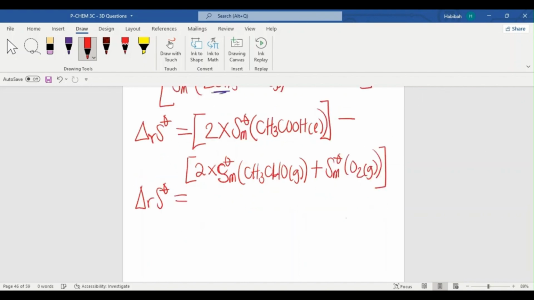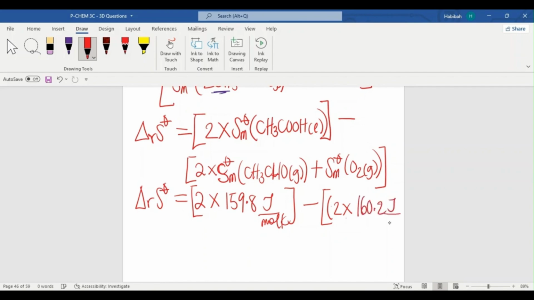The standard entropy of reaction becomes 2 times 159.8 joule per mole Kelvin, minus 2 times the molar entropy of CH3CHO, which we know to be 160.2 joule per mole Kelvin, plus the molar entropy of O2, which is 205.138 joule per mole Kelvin.